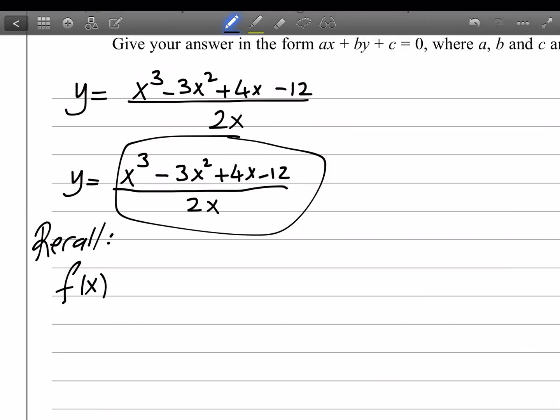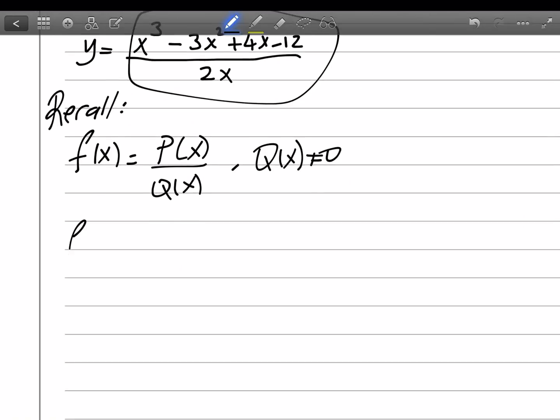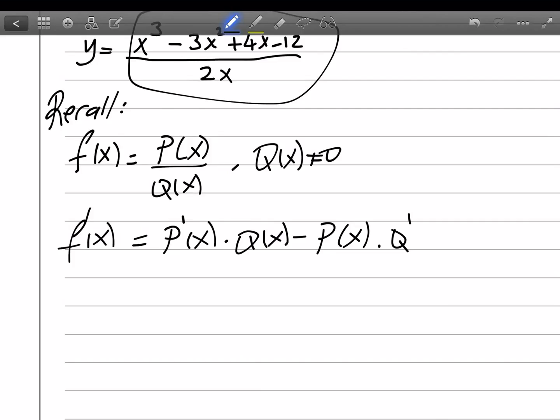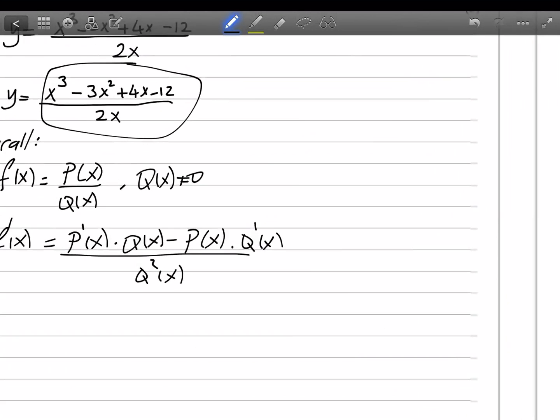Recall f of x is p of x over q of x, and q of x is not equal to 0, then f prime, the derivative of f of x, will be p prime times q minus p of x times q prime of x, over q of x squared. That is our formula, the quotient rule. And we just apply this.